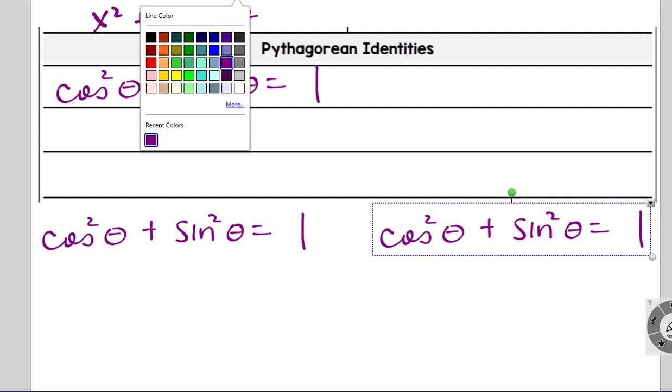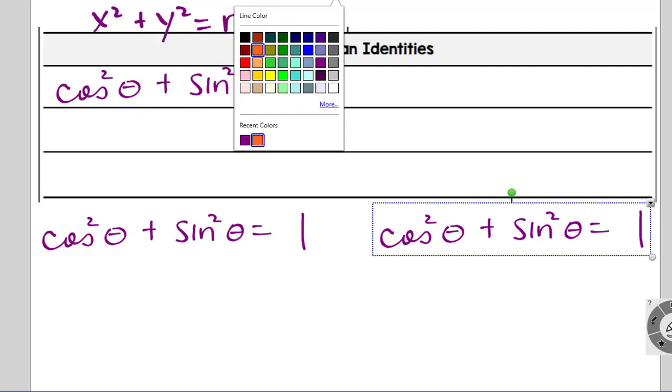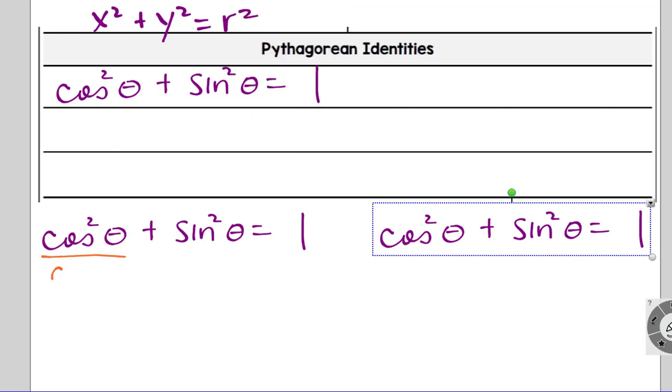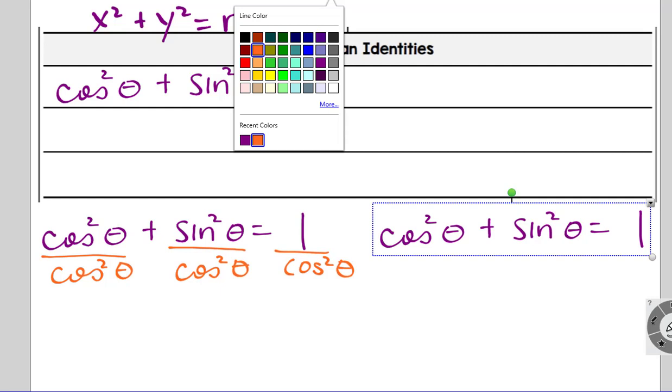So if I divide through by cosine squared, then this statement becomes what? What's cosine squared theta over cosine squared theta? 1.